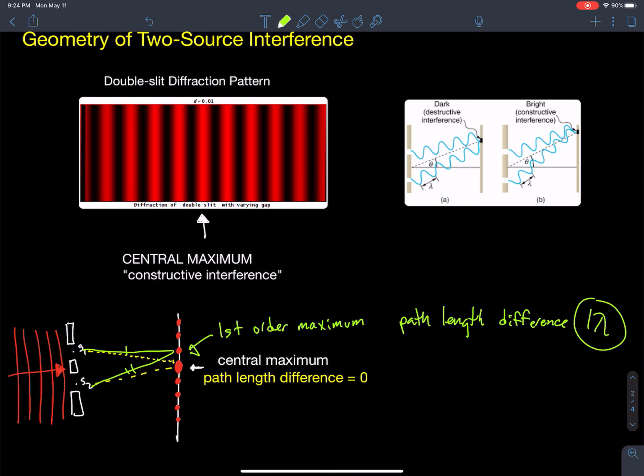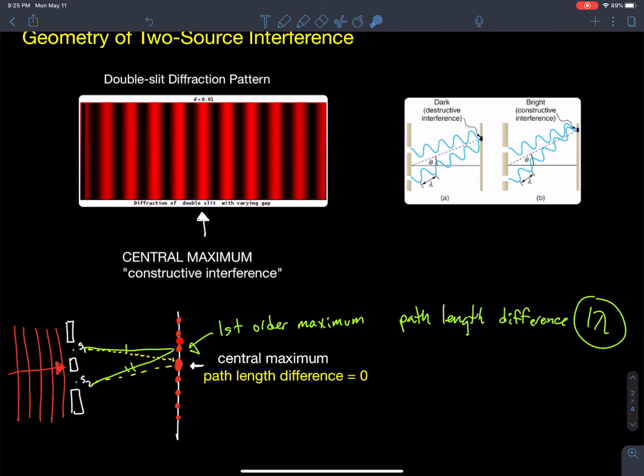If it's one whole wavelength, it's constructive. Every single one of these bright spots is formed by path length differences being on the order of 1 wavelength, 2 wavelengths, 3 wavelengths, 4 wavelengths, and they're all constructive. The regions in between that are dark are formed by half wavelength differences.